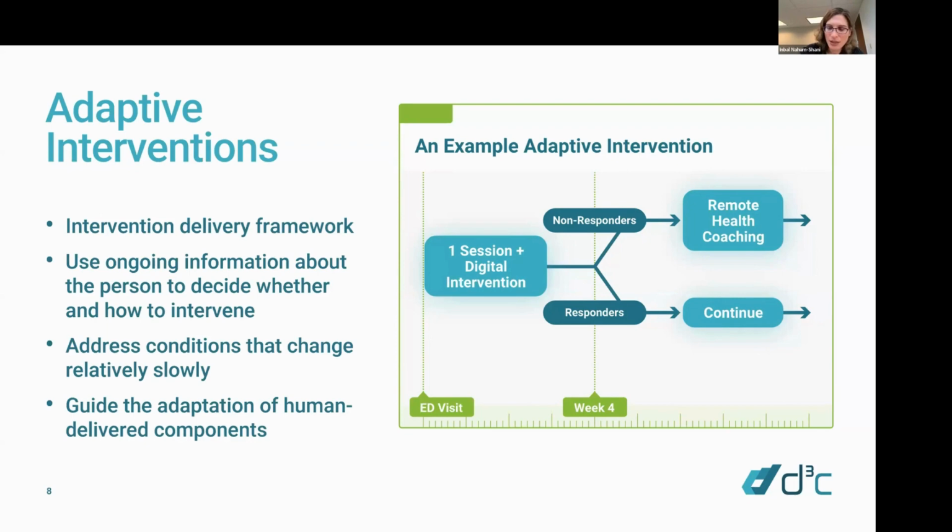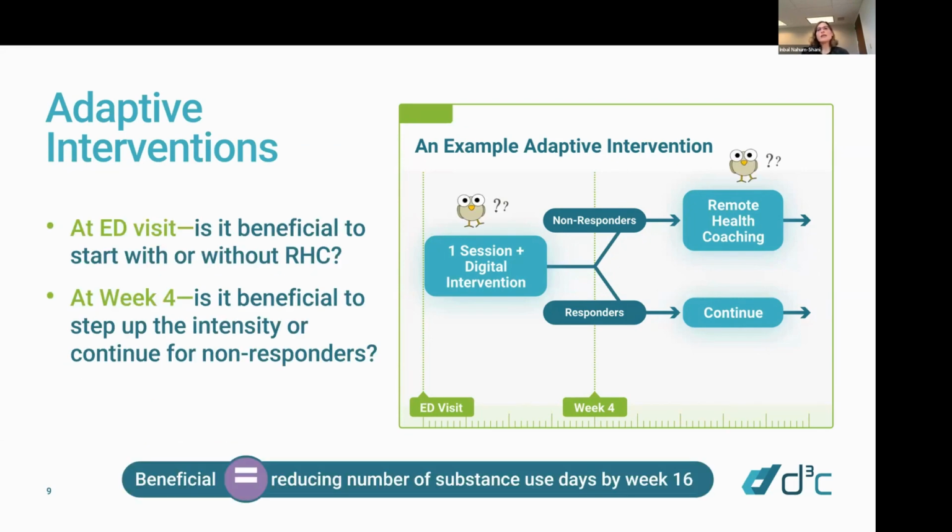All right. The issue is that in many cases, we, investigators, have scientific questions about how to best construct adaptive interventions. And I want to share 2 scientific questions that I have about how to construct this specific adaptive intervention. The first question is about how to best initiate this adaptive intervention.